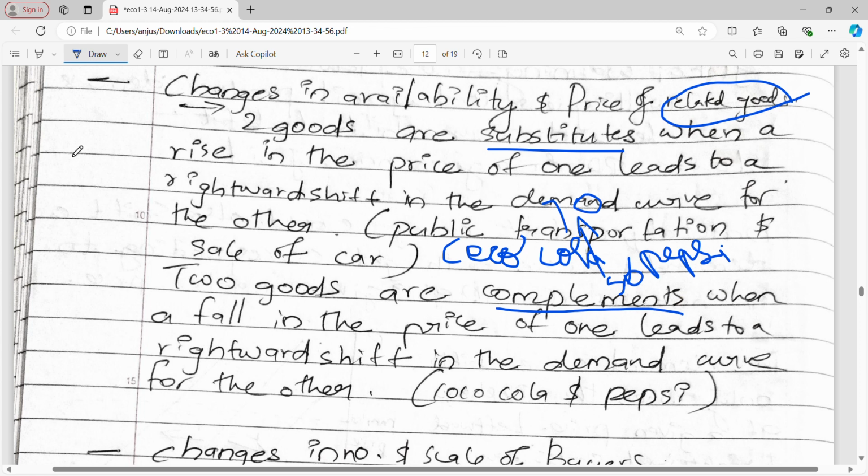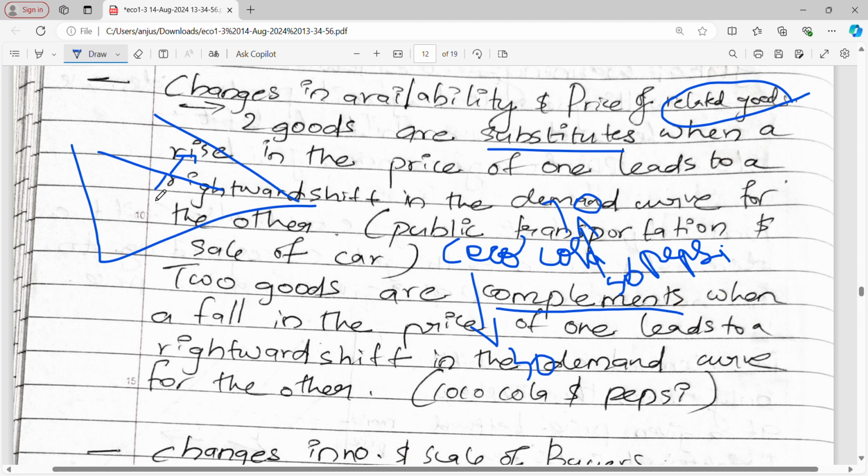So this is the demand curve. Then the demand for Pepsi will increase, that is a rightward shift. Again, if the price of Coca-Cola decreased from 50 to 30 rupees, but Pepsi is still 50 rupees, then everyone will want Coca-Cola only.